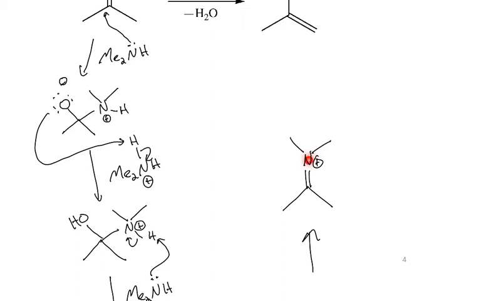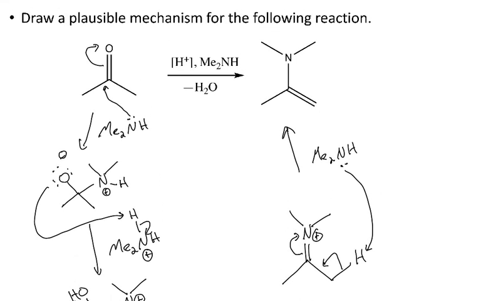This doesn't have any more hydrogens, so it's got to come off one of the neighboring carbon atoms. The carbon-hydrogen bond becomes our double bond, and then move up those electrons there to be a lone pair on the nitrogen, giving us our neutral final product.